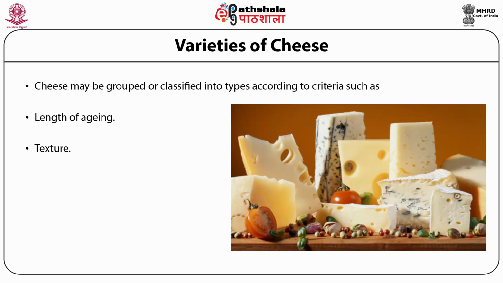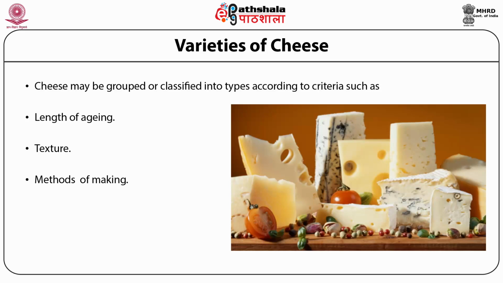The third basis of classification is the method of making. Cheeses may be made by addition of any acid or enzyme, and the nutritional content and the qualities of cheeses definitely change with the type of curdling agent.